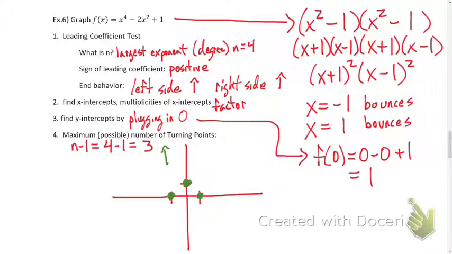Right side is going up. And now I just follow the bouncing pattern and make sure I cross all the coordinates. All right, so I'm gonna scoot this arrow over because I'm gonna miss the dot. So it goes down, bounces, cuts through, bounces, and comes up.